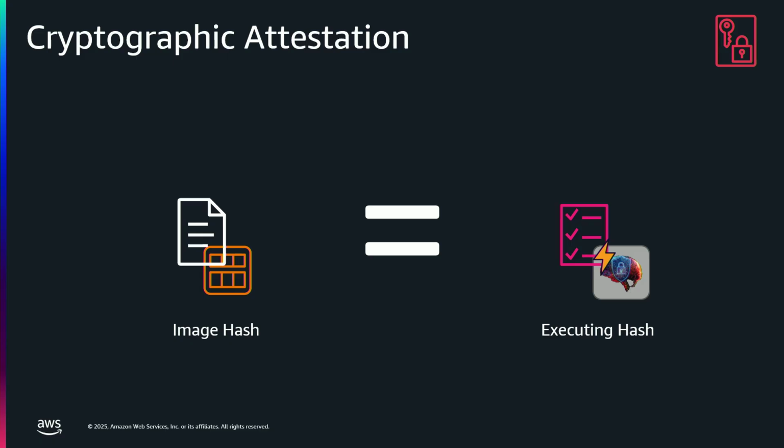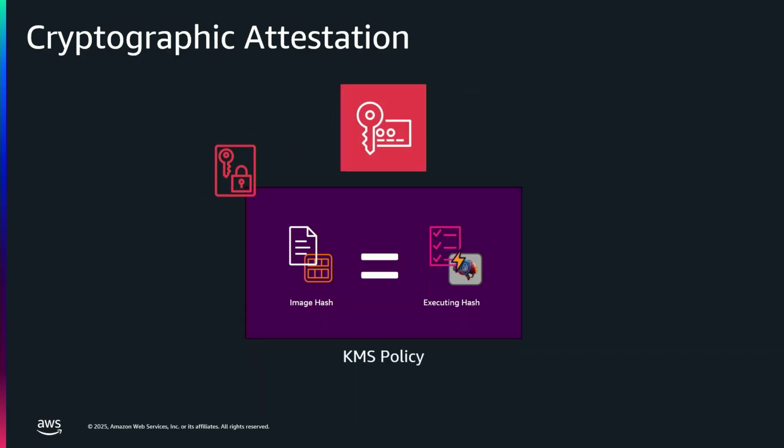Now, we still don't have a secret, right? We only know for now that we have an environment that looks the same as what we wanted to have. But we can get that one quite easily using a service called the Key Management Service. We integrated capabilities into the Key Management Service, which allow you to define a policy on KMS keys.